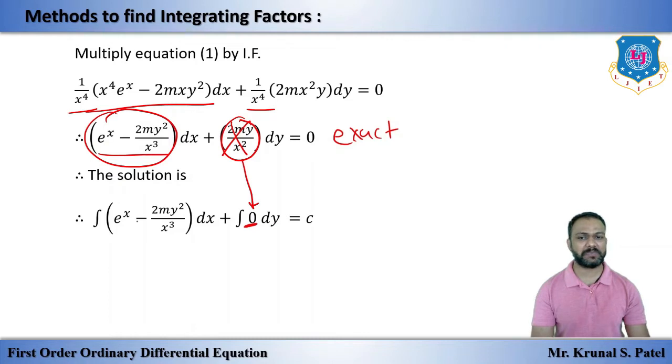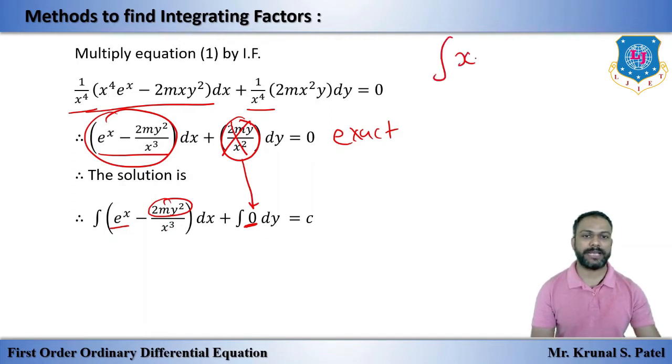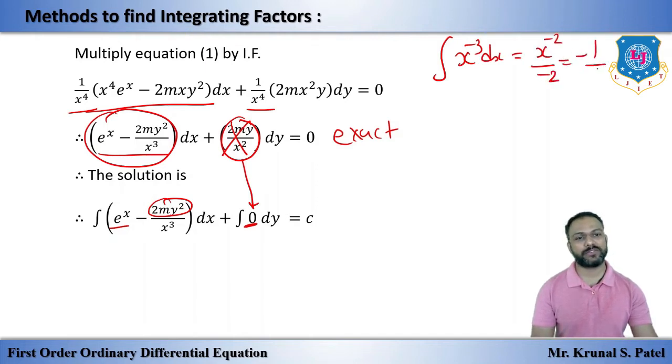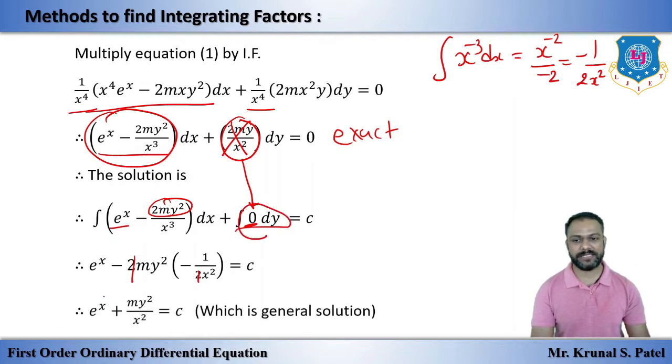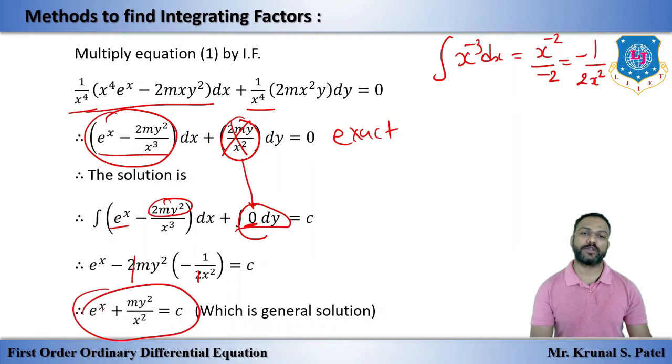Now integrating with respect to x, integration of e raised to x is e raised to x, this is constant, and integration of 1 upon x cube, same process as I told, x raised to minus 3, integration of this is x raised to minus 2 by minus 2, and we can write minus 1 by 2x squared. Cancelling this 2, and minus minus is plus, and this is 0 and c. So by simplifying, this is our general solution.